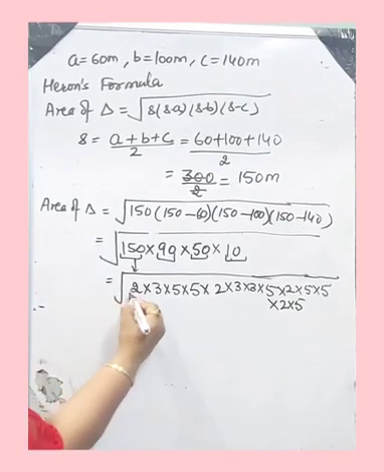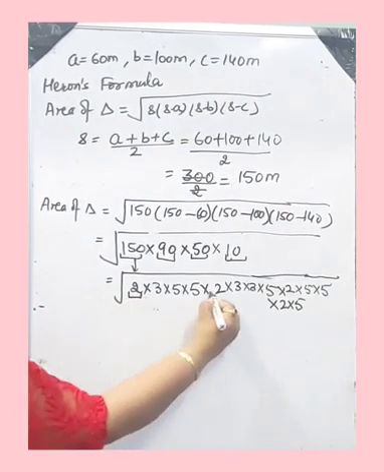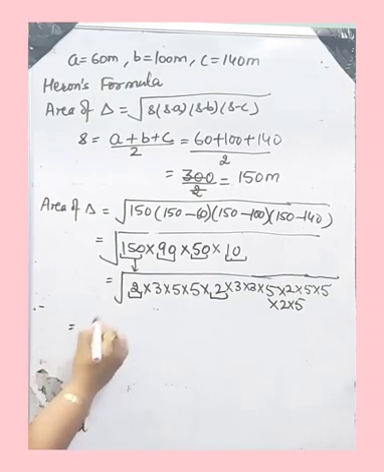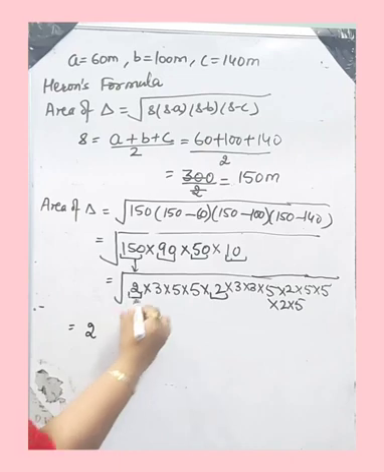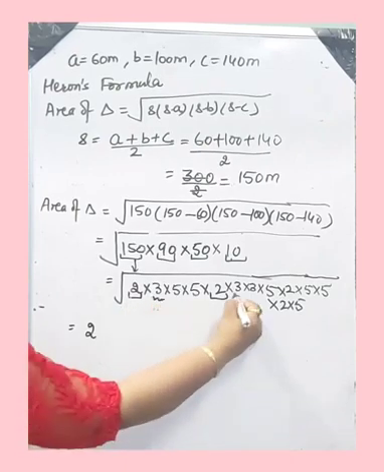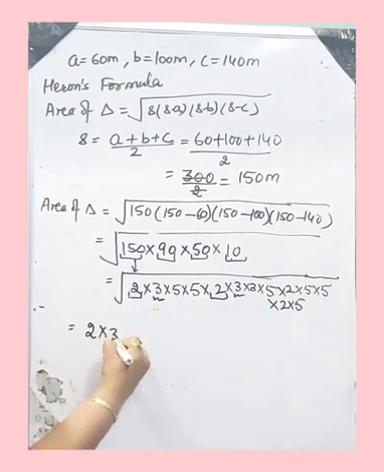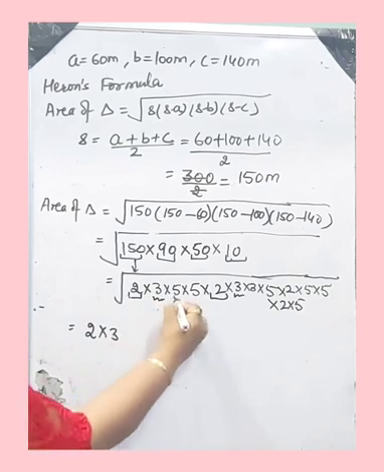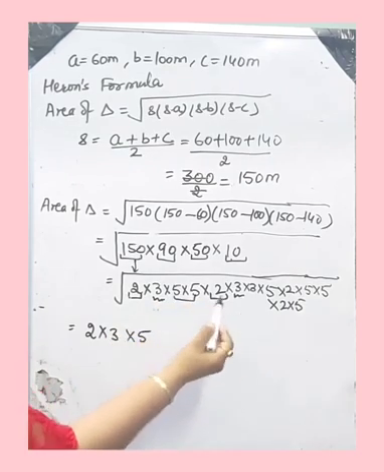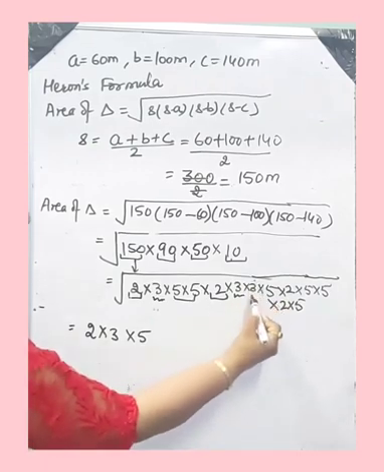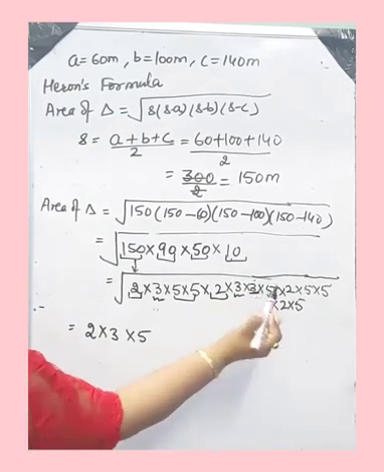Now we have to make a pair of same number and bring out one number from these pairs. 2. Now make the next pair 3 into 3 and make the next pair, and what we left, again make the pair. There is no partner of 3.